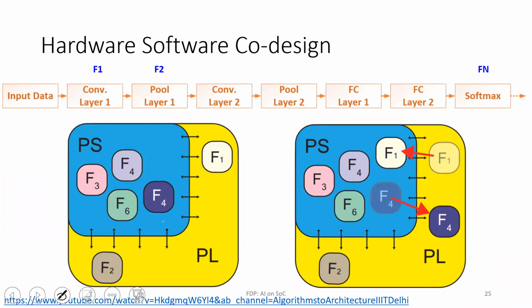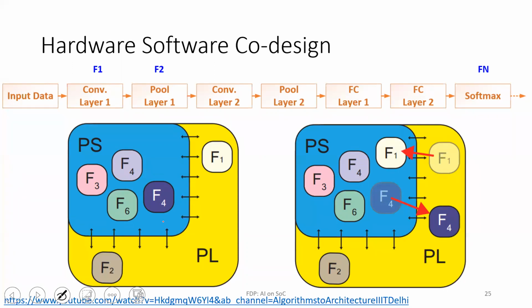The video is already available, and I have given the link also. We have shown the result that there is no point in moving the fully connected layer to the FPGA. You should keep it on the PS itself. You do these things only after analyzing your code. So this is hardware software co-design, and it is very well known in industry as well as academia.